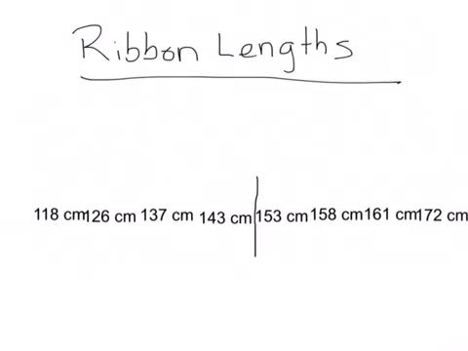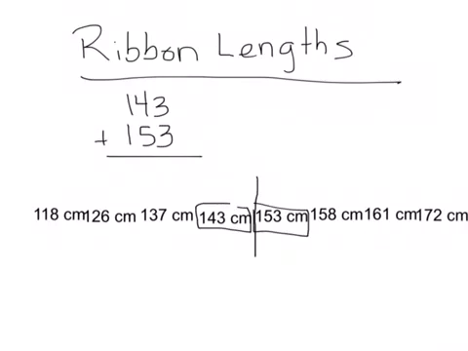Well, that's when you go back to how you solved averages. I'm going to take my 143 and add it to my 153. 3 and 3 is 6, 4 and 5 is 9, 1 and 1 is 2. That doesn't help me yet, but now I'm going to split that number in half.